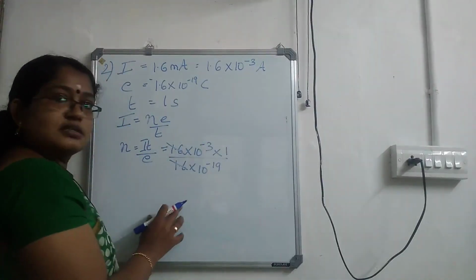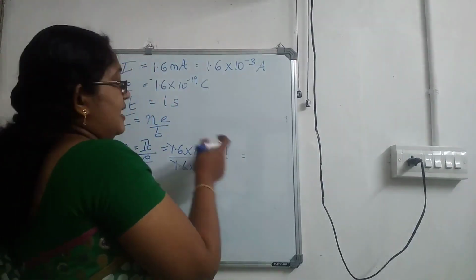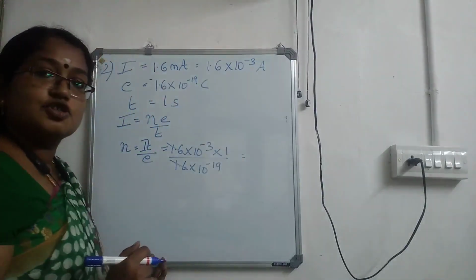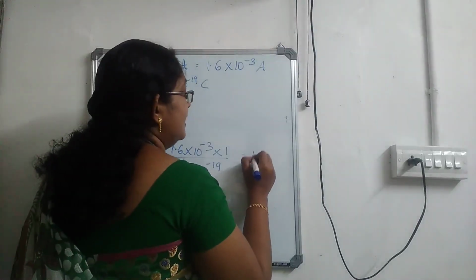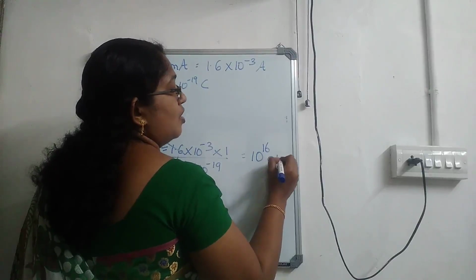When this reaches top, it becomes 10 raised to plus 19. 10 raised to minus 3 and 10 raised to plus 19 means this will be 10 raised to 16 electrons.